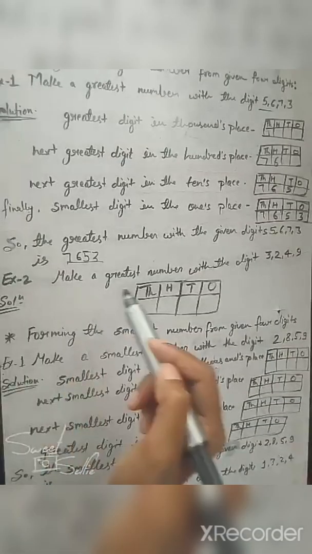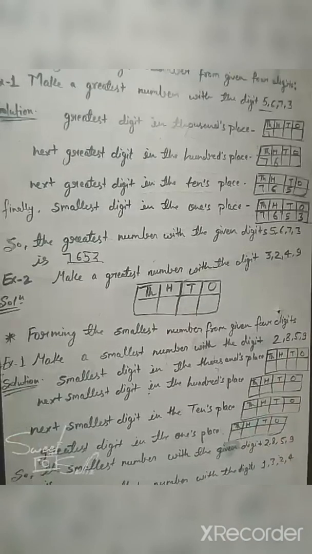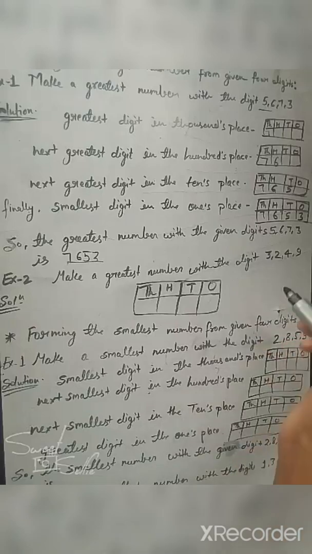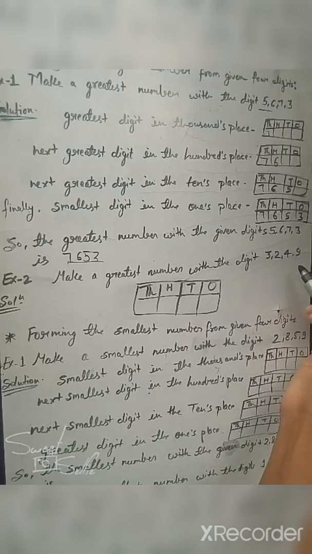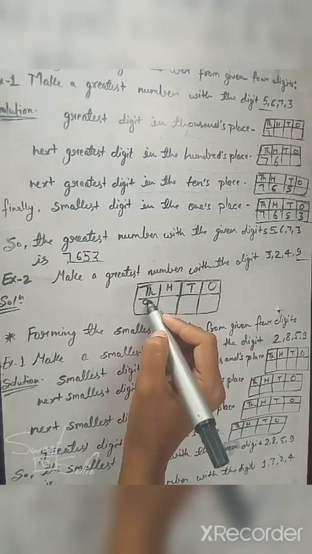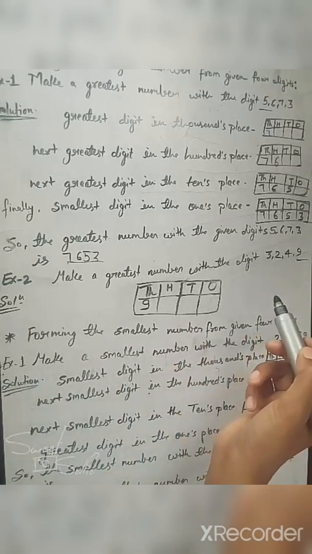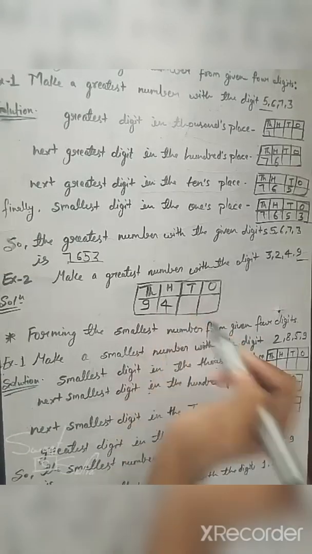Make the greatest number with the digits 3249. So, my dear student, tell me which is the greatest digit among the digits 3249. So, we can see here there is a 9. So, we will write 9 at the 1000 place. Okay? And next greatest digit. So, this is 4.